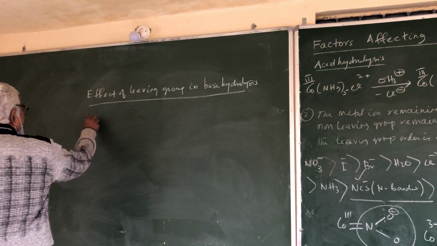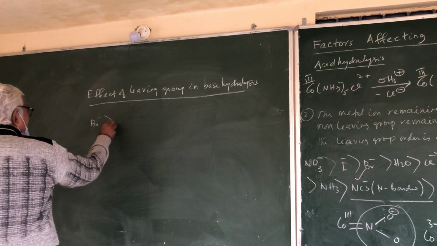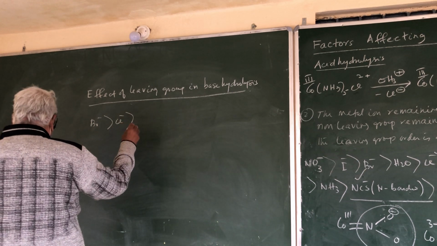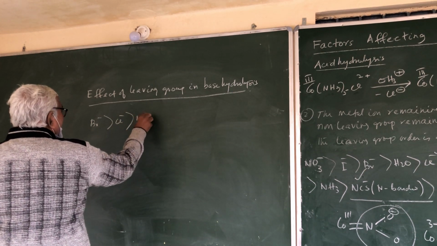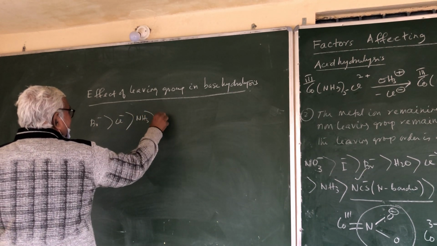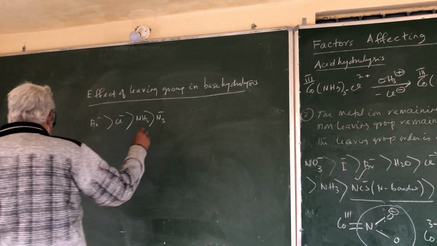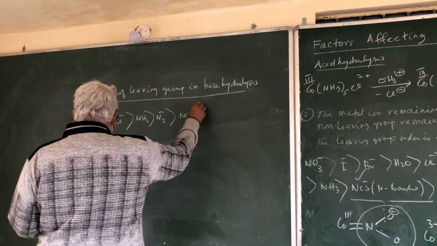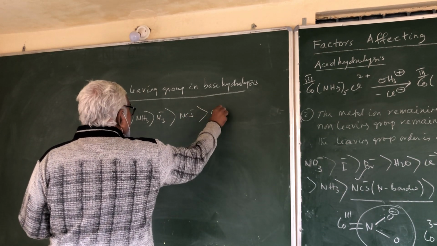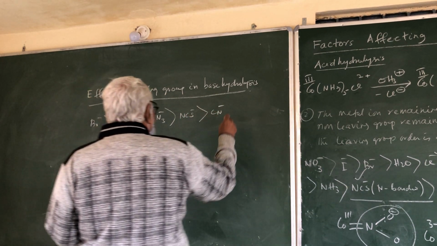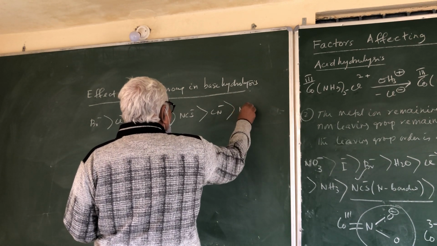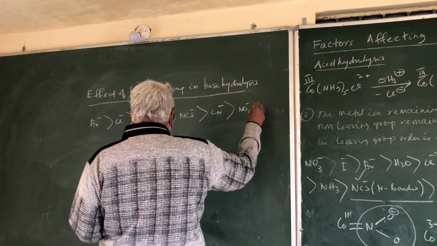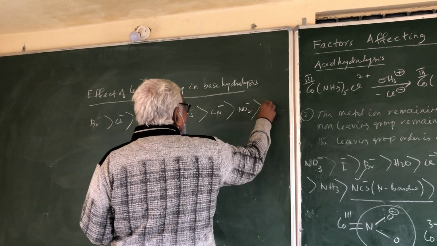Leaving group order is bromide is greater than chloride, is greater than ammonia, is greater than azide, is greater than NCS minus, is greater than cyanide, is greater than nitrite, is greater than hydroxide.